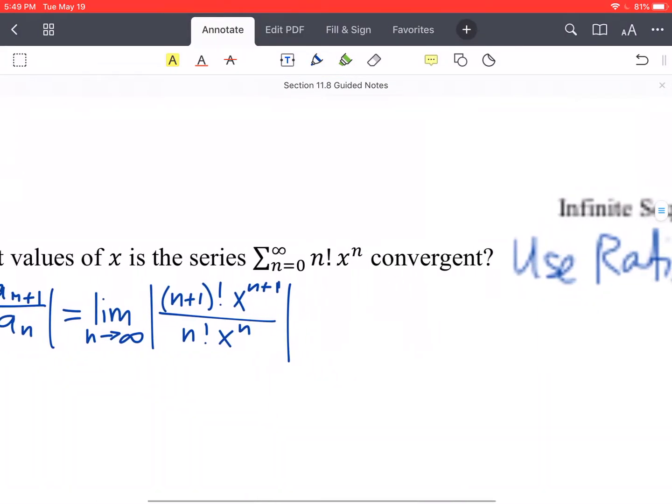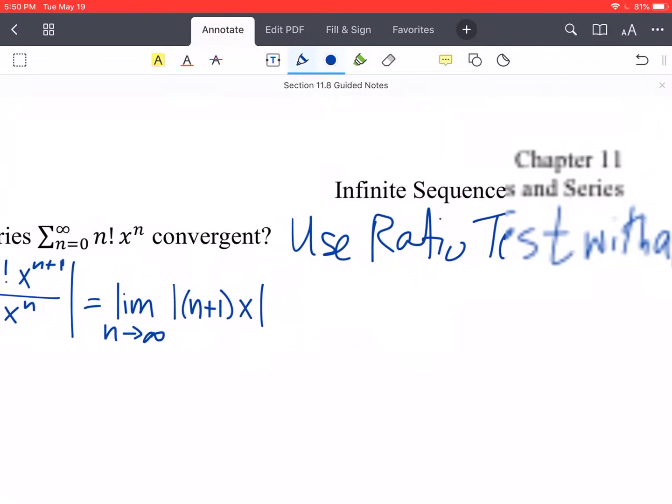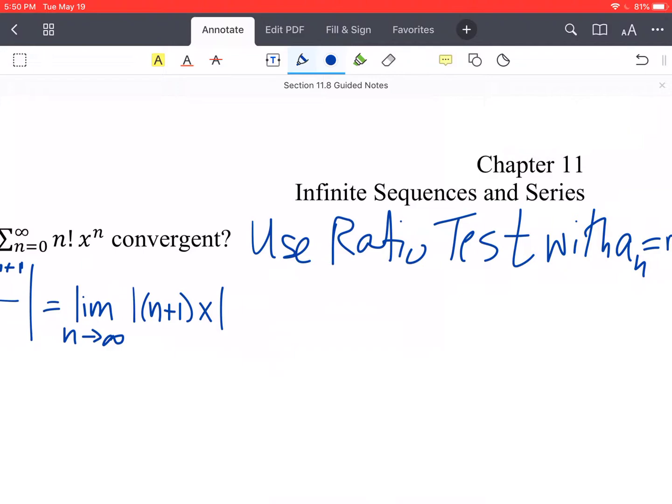We get some cancellation happening here, and that's why we do this, because it's designed to help get rid of some of those extra factors. The n factorial cancels with all the terms except the n plus 1 in the numerator, so we're left with n plus 1 times x. n is always greater than or equal to 0, so we can take that out of the absolute value.